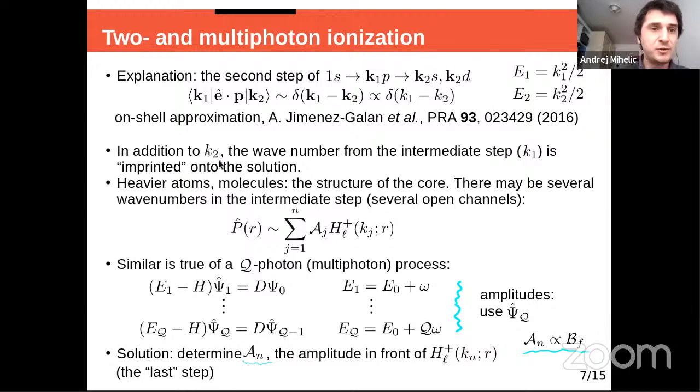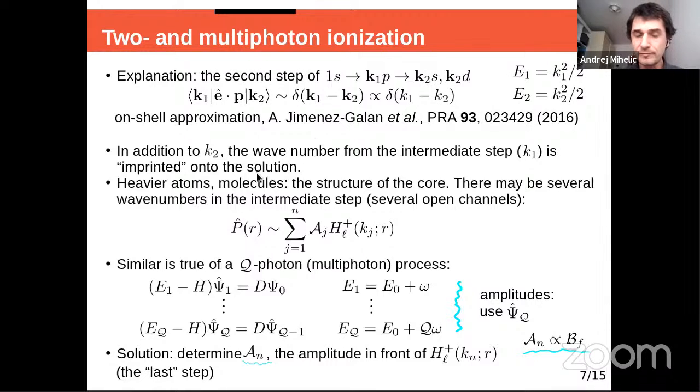In addition to the expected wave number, associated with the energy in the final step, the intermediate step wave number is also imprinted onto the second order solution. And the reason is this relation.